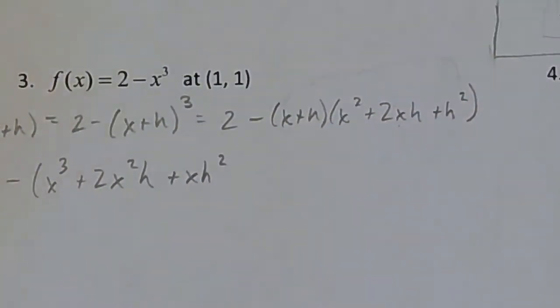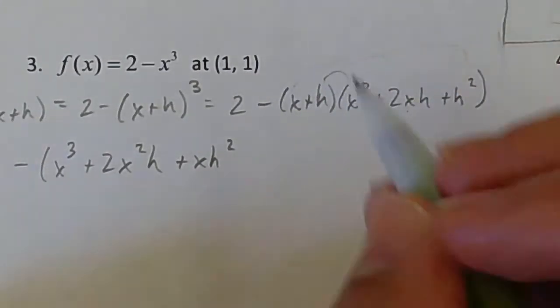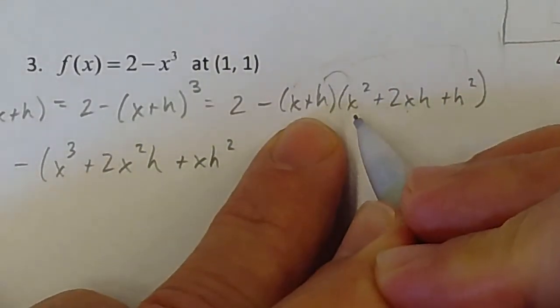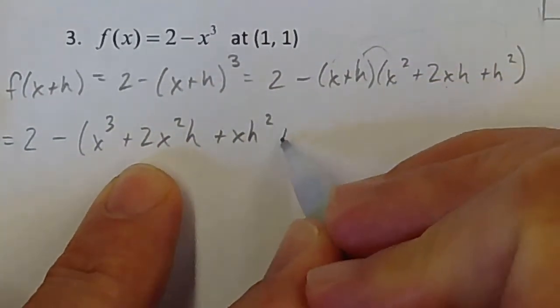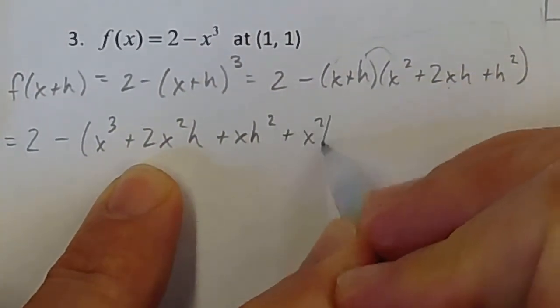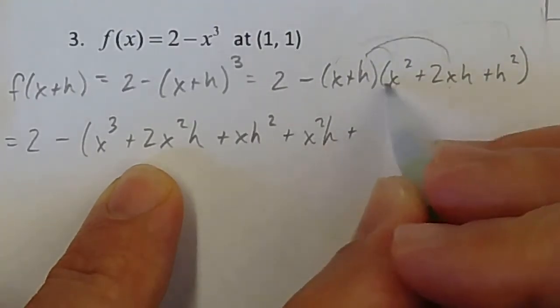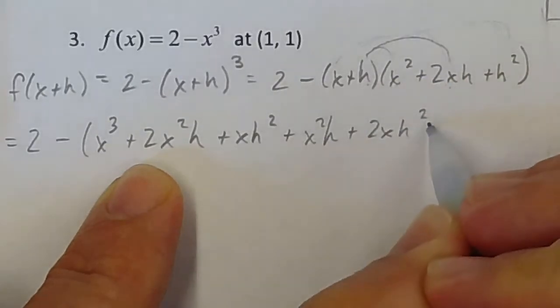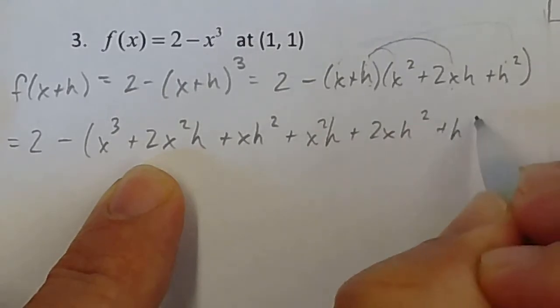Okay, so that's what we get when we distribute x through. So let's now take this h and distribute that through. So here I get hx squared, or maybe if I want x squared first, since I did x squared first here, I'm going to do that. So plus x squared h. Here's going to be 2x h squared. And here I have h times h squared, which is h cubed.